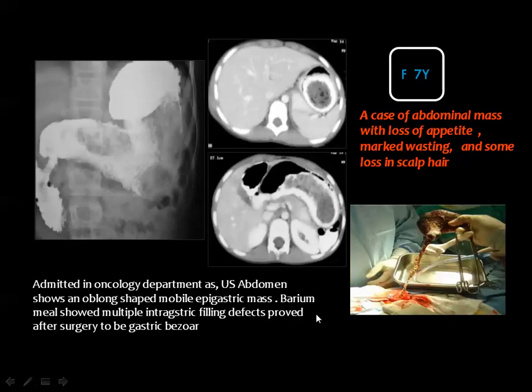With the barium meal, you get a mobile mass within the stomach. On a CT scan, you see the mass and you can also see air within the meshes of the mass itself. These masses are usually treated by surgery because they are big and cannot be removed by endoscope. So you open the stomach and remove masses like this.